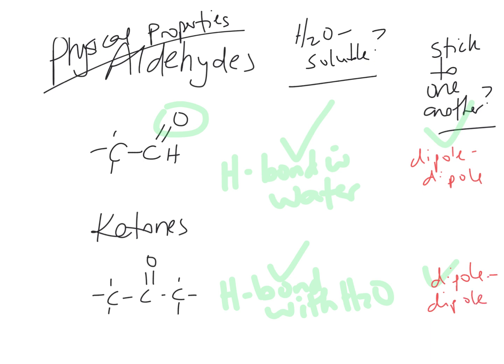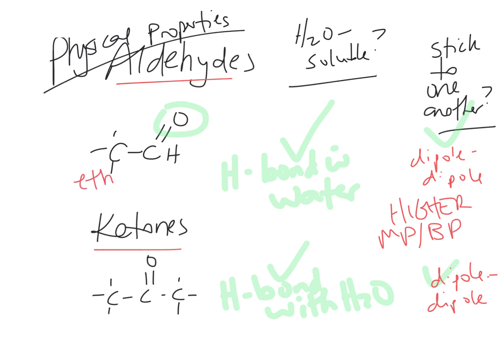But generally speaking, aldehydes and ketones have higher melting points and higher boiling points than their similar sized hydrocarbons. So in other words, you would expect this one at the top, ethanal, to have a higher melting point and boiling point than the comparable ethane.